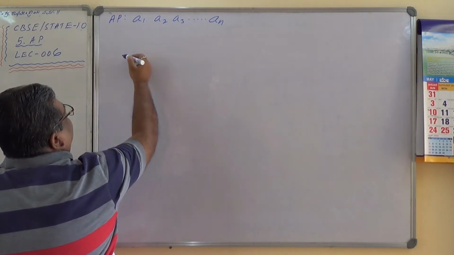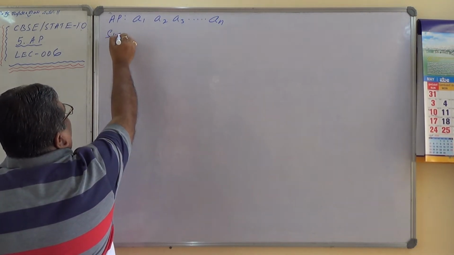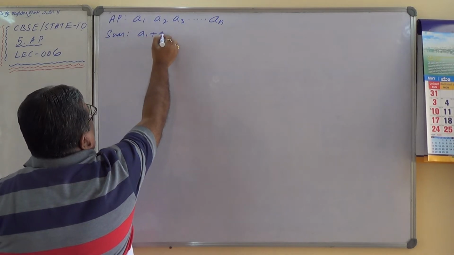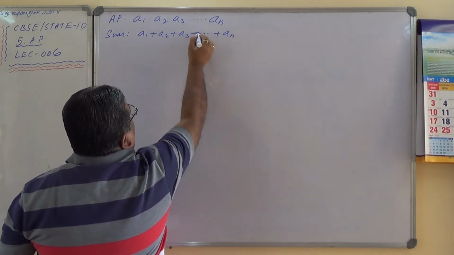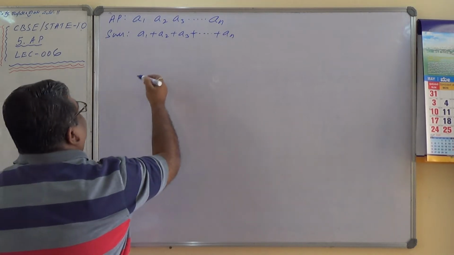Sum of all this is nothing but the sum given by a1 plus a2 plus a3, and it continues up to an. Let me write this sum.